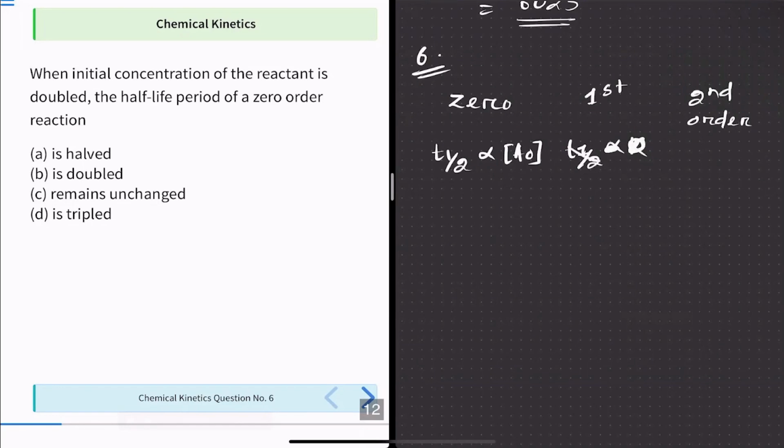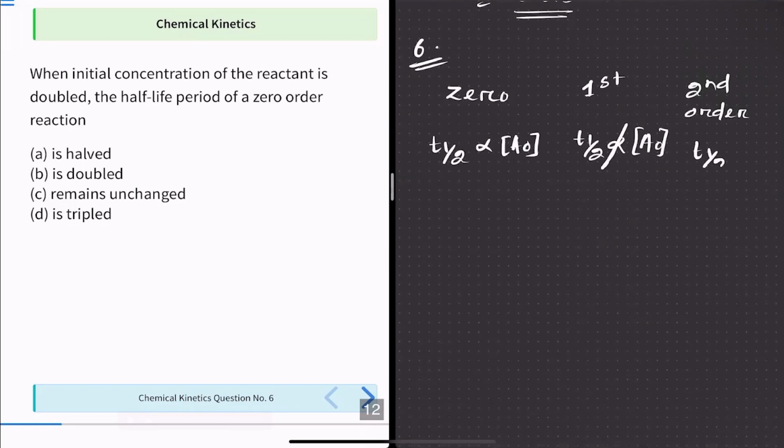Here, for first order reaction, it doesn't depend upon A naught. For second order reaction, T half is inversely proportional to A naught. What does that mean? Means for zero order reaction, if you increase the initial concentration of the reaction, the T half will also increase.